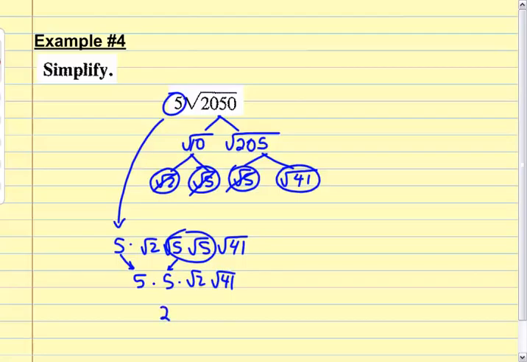That's going to give me 25 times the square root of 82. Done. Simplify as much as I can, just like reducing fractions. Every time I can reduce a radical, I'm going to reduce that radical. All right, that's good. One last one to do.